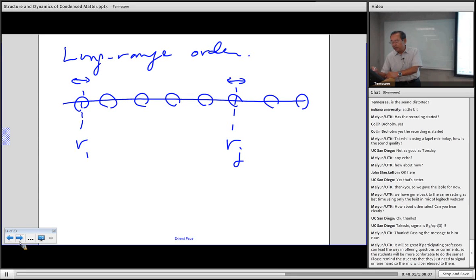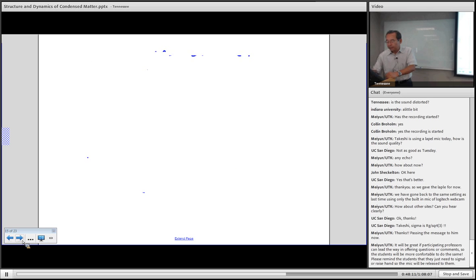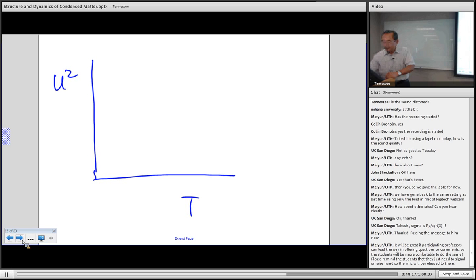If you determine the Debye-Waller factor from U, ideally, as I said, you should see U squared behave with temperature like that. Quite often, you see behavior like that, or maybe it's not like that.